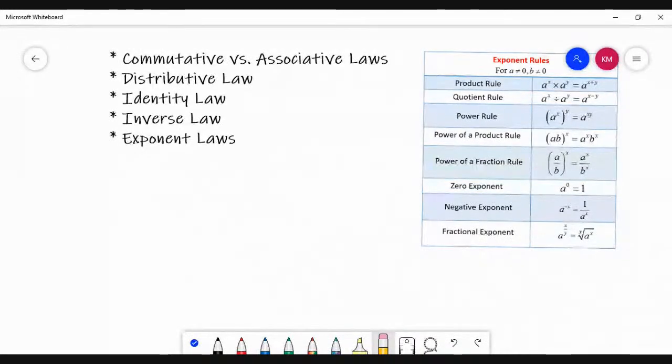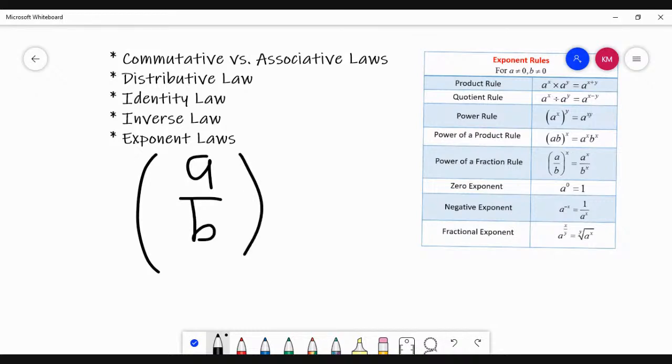We will now be moving on to the power of a fraction rule. If you have a fraction, and it's being raised to a power, the numerator will be raised to that power, and the denominator will be raised to that power.